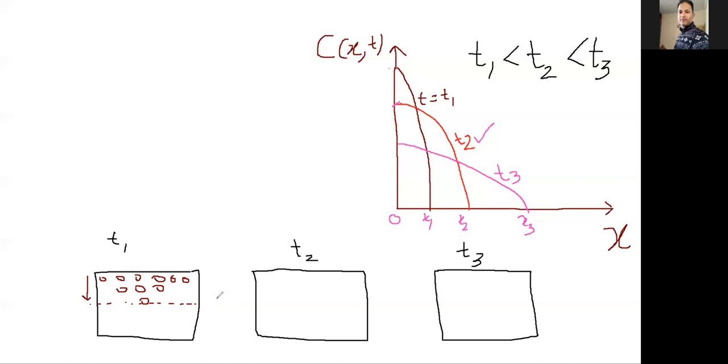Now as we wait for longer time, these dopants will move even deeper, and our situation will become like this. Our number of dopants is still the same, but the dopant has reached even deeper, and the overall concentration at the surface has decreased. This is the physical picture for the second time.